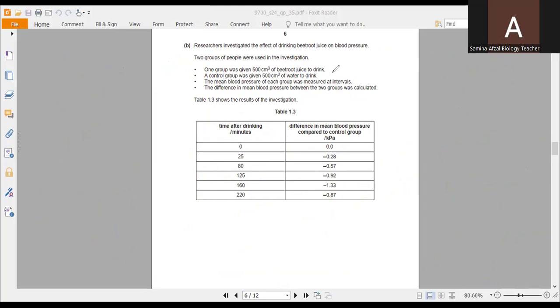A control group was given water to drink. The mean blood pressure of each group was measured at intervals. The difference in mean blood pressure between the two groups was calculated. The table shows the results of the investigation. So these results have been given over here.